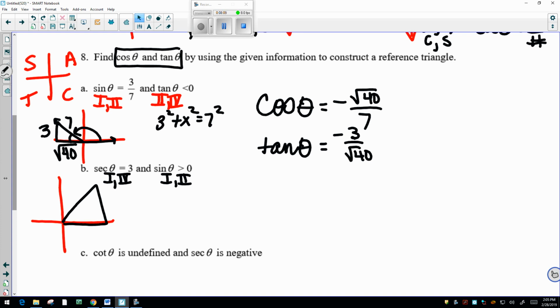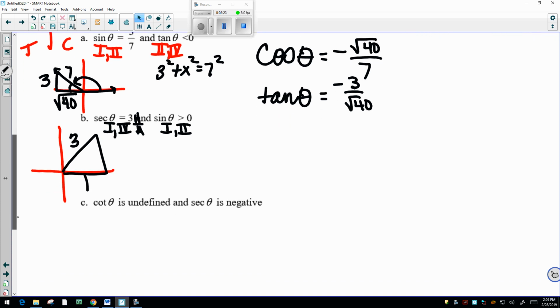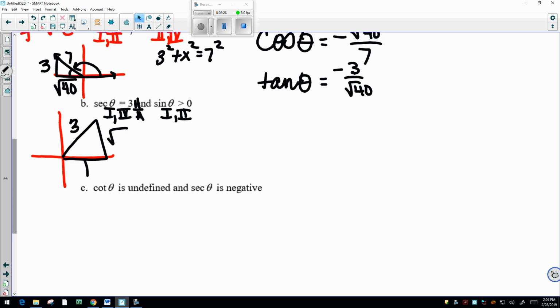Okay, so if secant's the reciprocal of cosine, and I know cosine is adjacent over hypotenuse, that means right now I have hypotenuse over adjacent. So my hypotenuse is 3, my adjacent side is 1. And again, I'm going to do Pythagorean theorem to find my missing side. So my missing side, once we do that, will be the square root of 8.